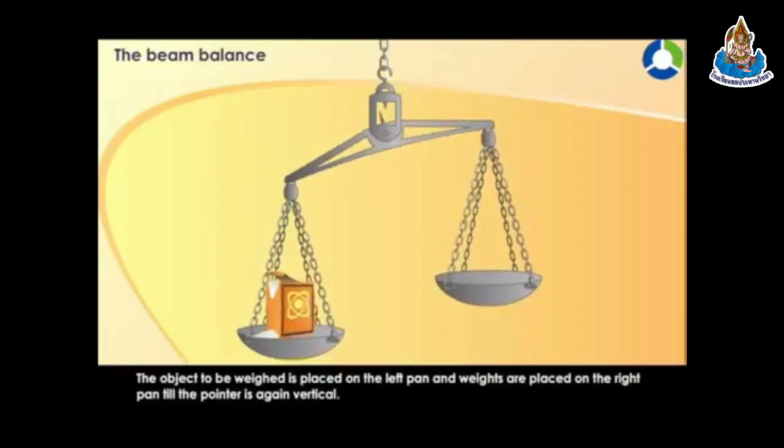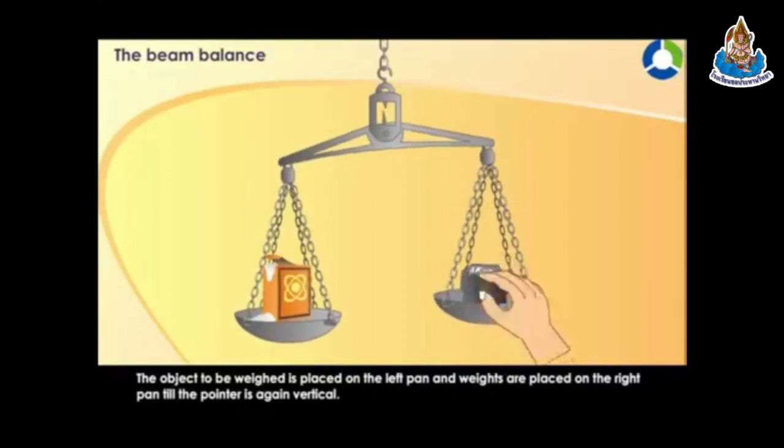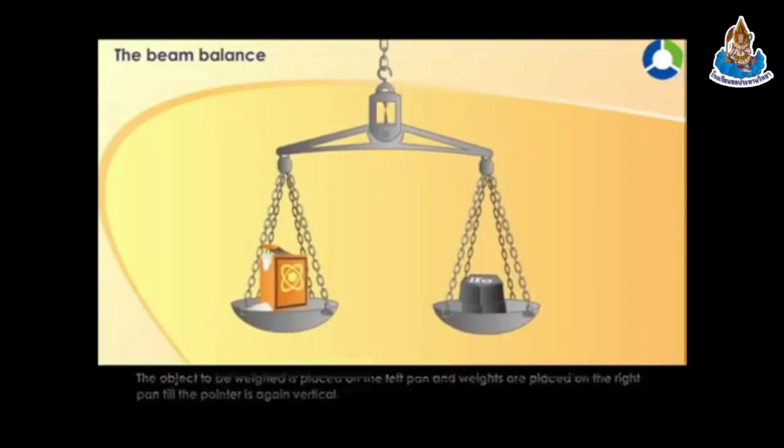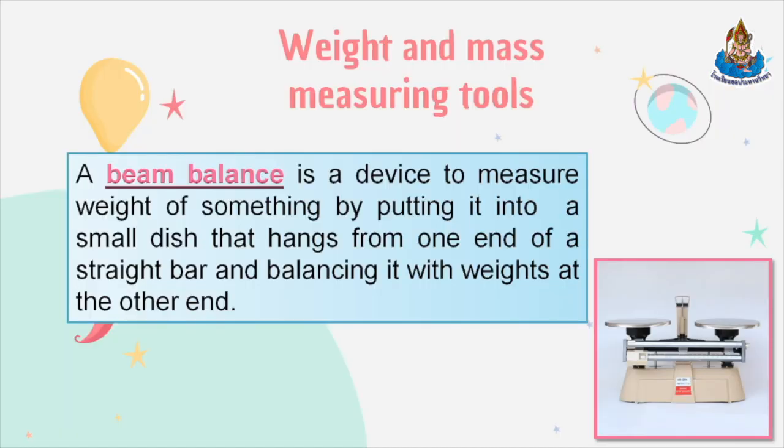The object to be weighed is placed on the left pan and weights are placed on the right pan until the pointer is vertical again. The weights in the right pan are then equal to the weights of the object.